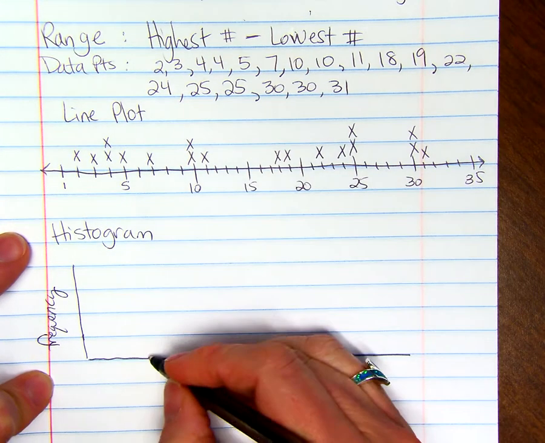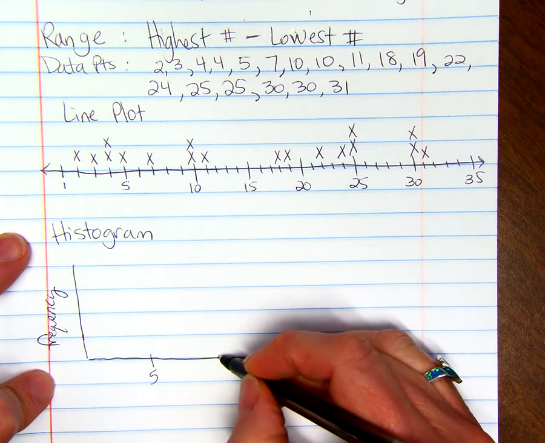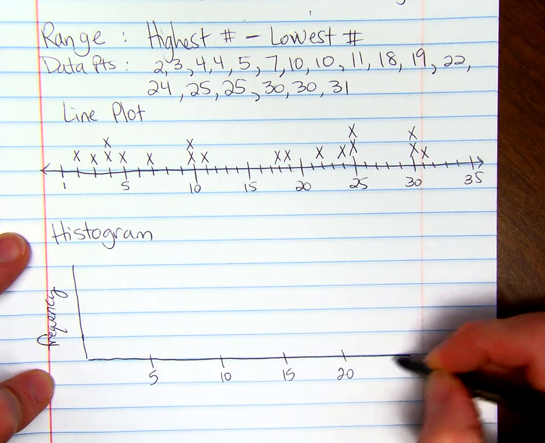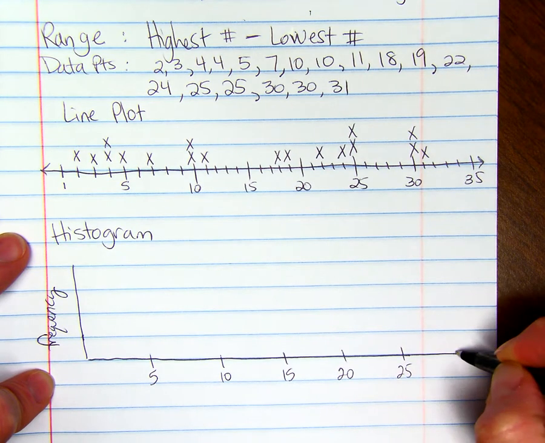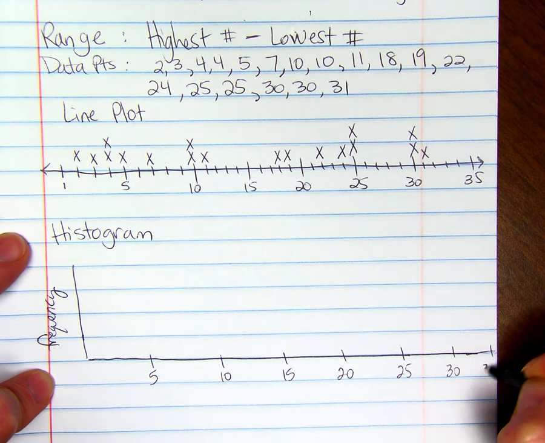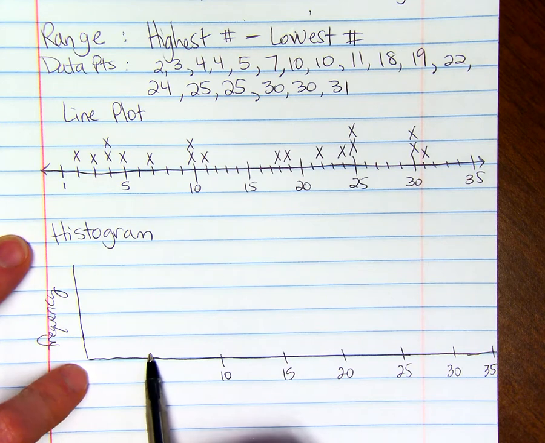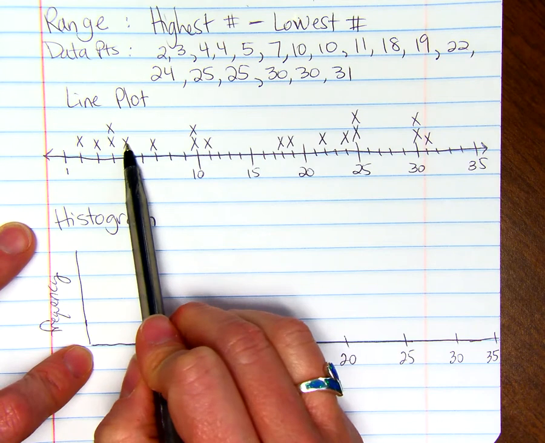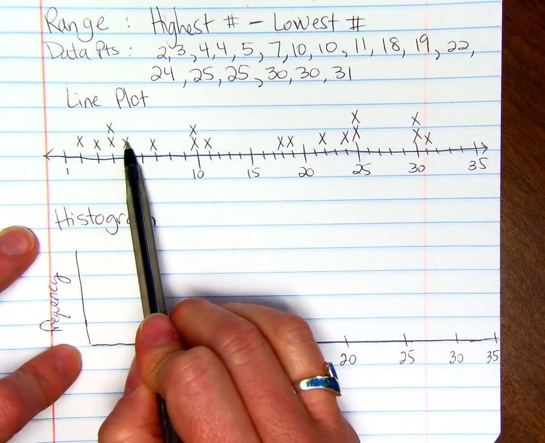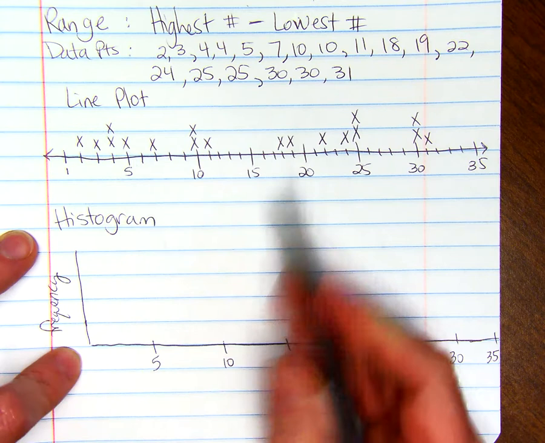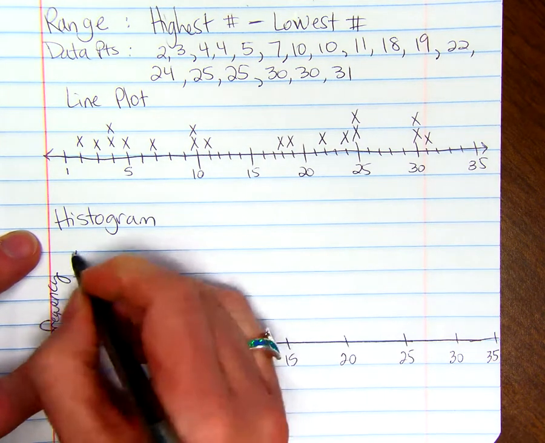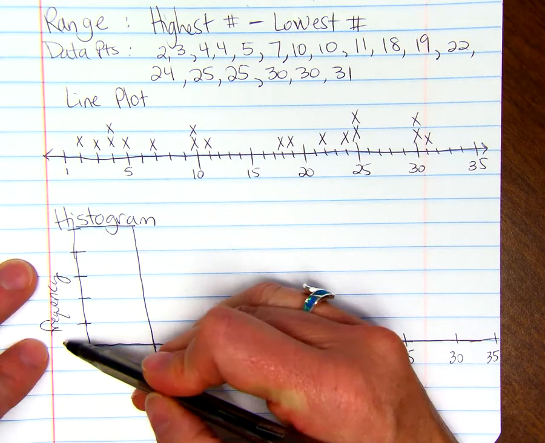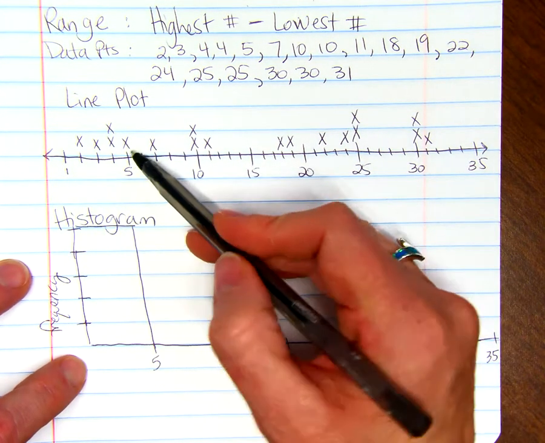If we count by fives here, that means between 0 and 5. We're going to have 35 here, I'll squeeze it in. Between 0 and 5, how many data values do we have? If we look up here, between 0 and 5, we have 1, 2, 3, 4, 5. So we're going to go up 5, and we draw a box. That means there are 5 data values between the numbers 0 and 5.